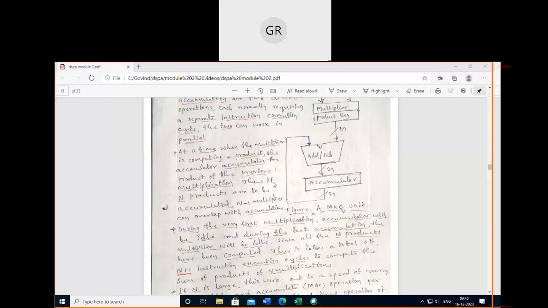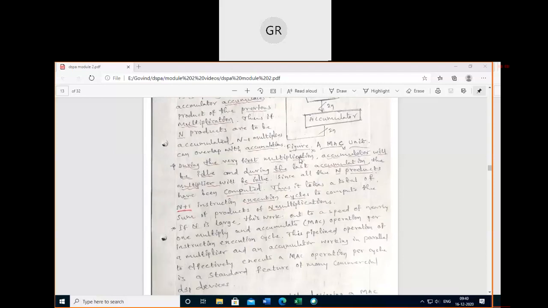Thus, if n products are to be accumulated, n minus 1 multiplications can overlap with accumulation. During the very first multiplication, the accumulator will be idle, and during the last accumulation, the multiplier will be idle, since all the n products have been computed.